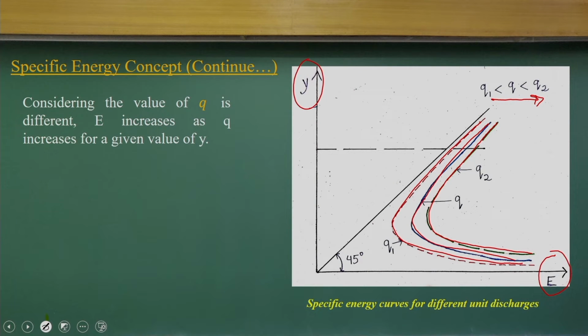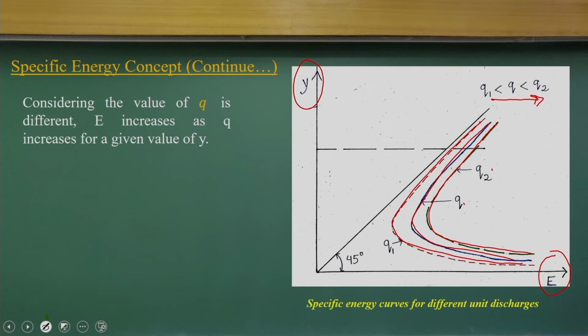In E-Y space, we can find out the solutions for these values. It shows that the flow can happen at different E and Y for these constant q values. That is what we have drawn: q2, q and q1.